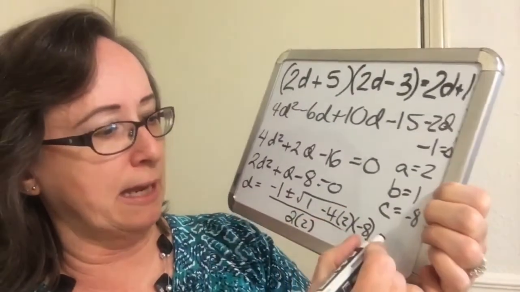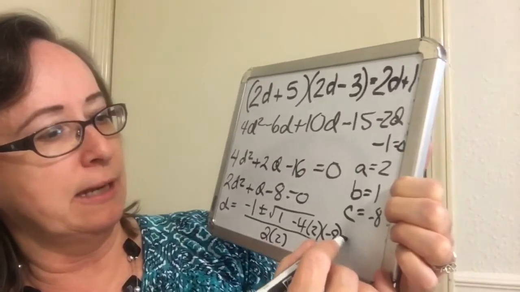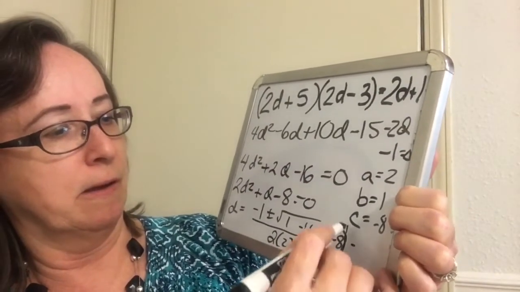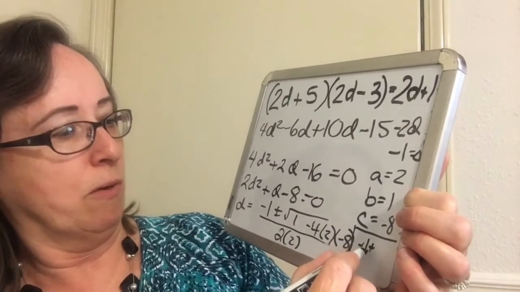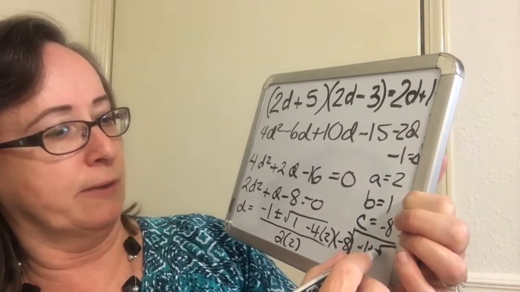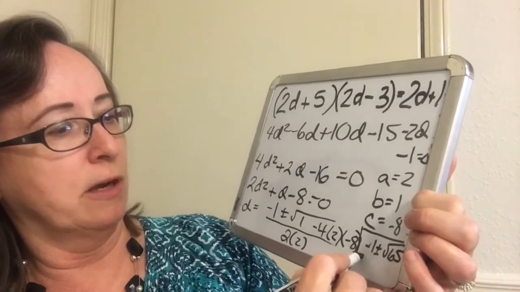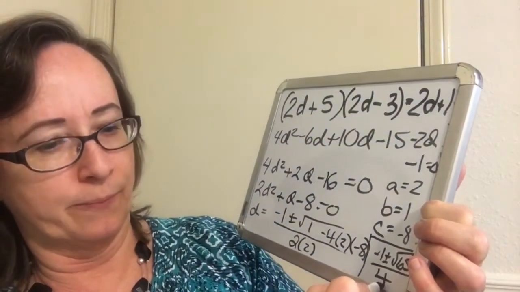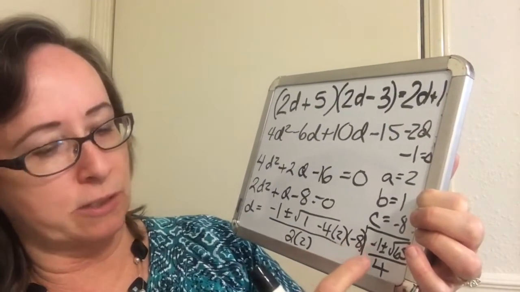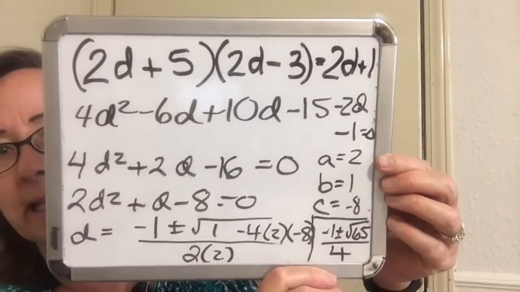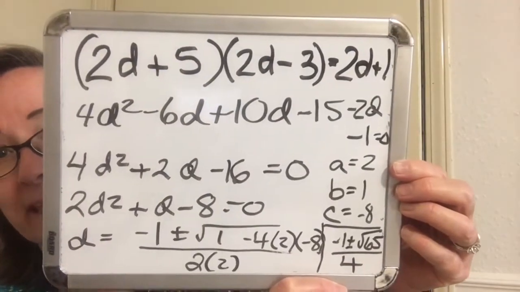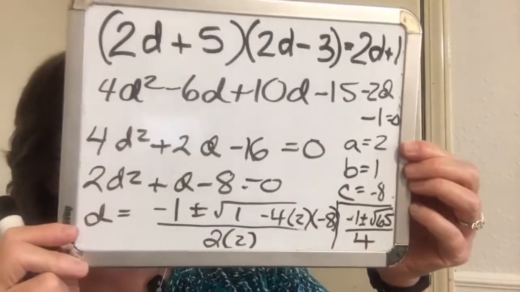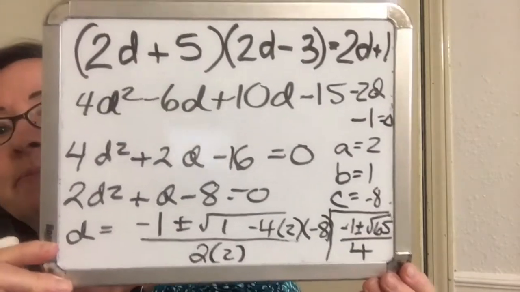So this whole thing becomes negative 1 plus or minus the square root of 65 over 4. Okay, negative 1 plus or minus the square root of 65 over 4, and that is a correct answer. So d is equal to all of that right there.